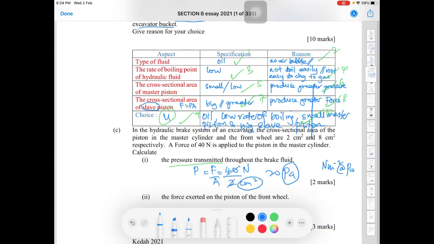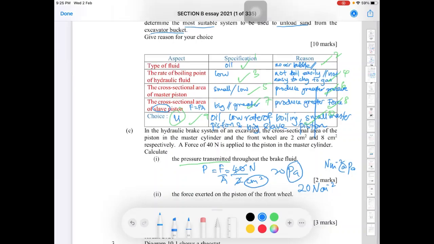Jadi kalau you tak tukar meter, don't ever use Pascal. Jadi you kena tulis apa unit dia. Newton, 20 Newton cm negatif 2. Di sini dah trik dia. Soalan senang aja. Tapi you boleh salah dengan unit yang salah. Alright? Okay? So ingat Pascal is only Newton meter negatif 2. Not Newton centimeter, tak boleh tulis Pascal.